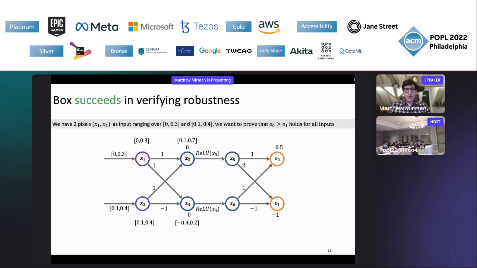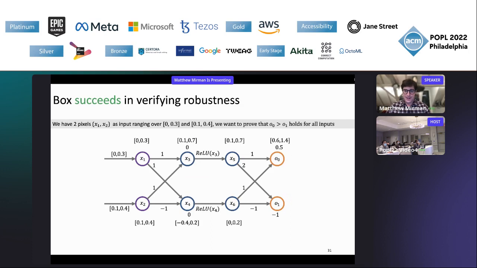We can then compute the ReLU, which for x3 is simple since it's never negative. We just get 0.1 to 0.7 again. For x6, we have to cut off the part where it was negative, so now it ranges from 0 to 0.2. Finally, we compute the output O0 as the sum of x5 and x6. And we just add the lower bounds and add the upper bounds together to get 0.6 and 1.4.